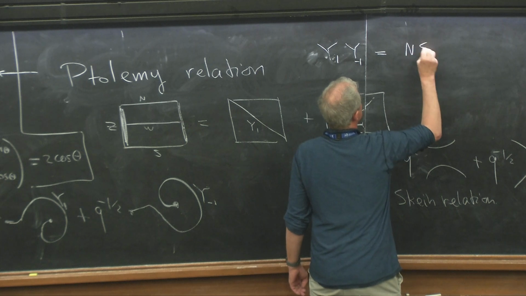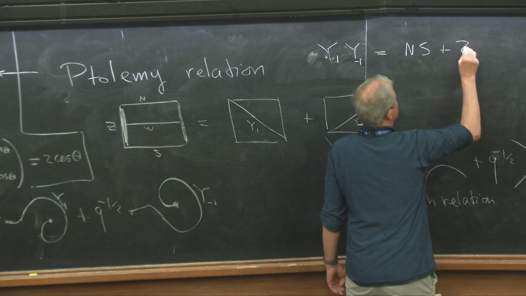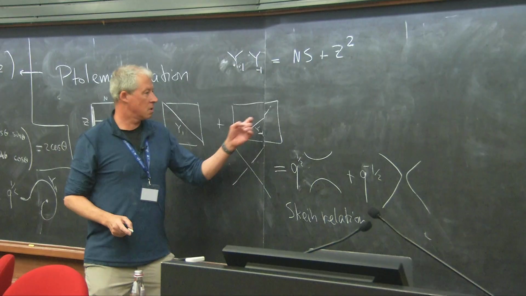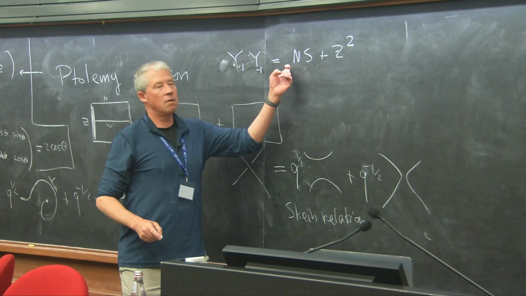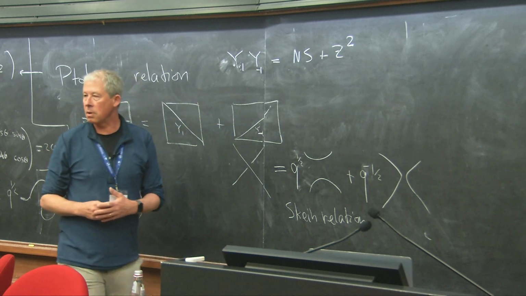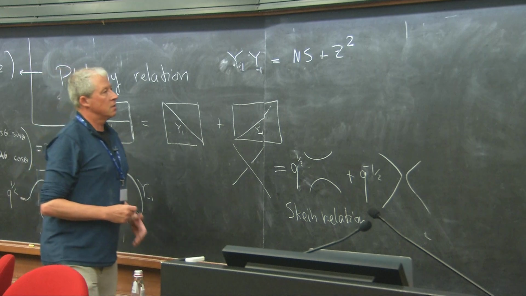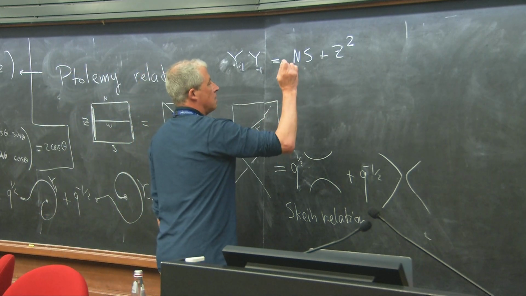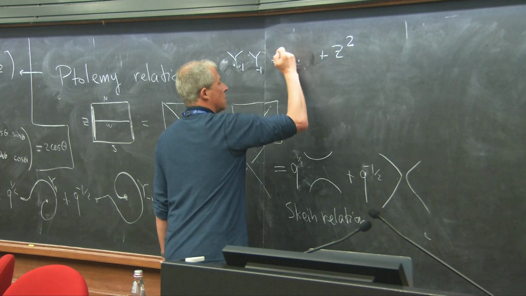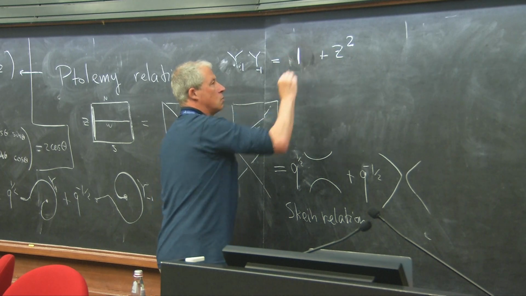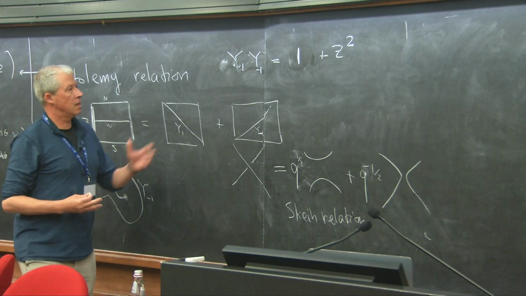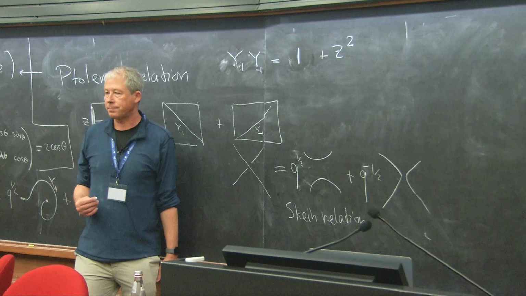It is north times south plus z times z. So the product of the diagonals is the sum of the product of the north and the south, and the product of those two. So that's the Ptolemy relation. It turns out that I can normalize my path-ordered exponentials so that the north and the south holonomy is actually equal to 1. That's a definition of a normalization that I can choose. And then I get this particular relationship.